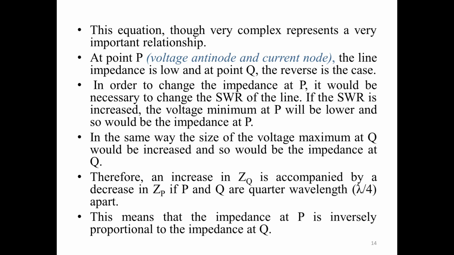If the standing wave ratio is increased, the voltage minimum at P will be lower, and so will be the impedance at P. In the same way, the size of the voltage maximum at Q will be increased, and so will be the impedance at Q. Therefore, an increase in ZQ is accompanied by a decrease in ZP if P and Q are a quarter wavelength apart. This means that the impedance at P is inversely proportional to the impedance at Q.